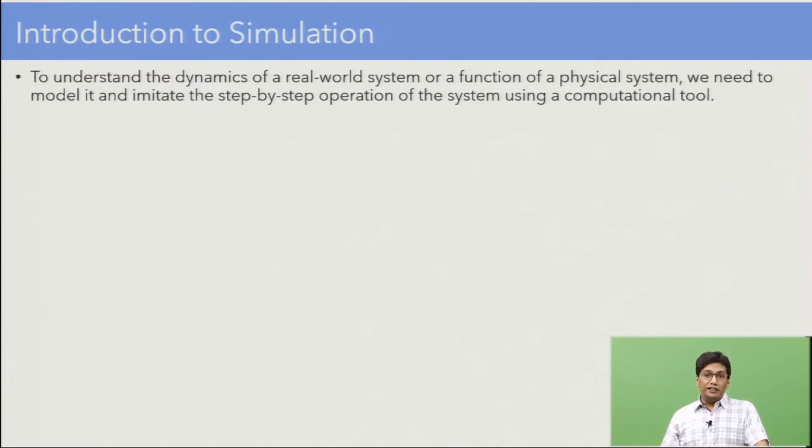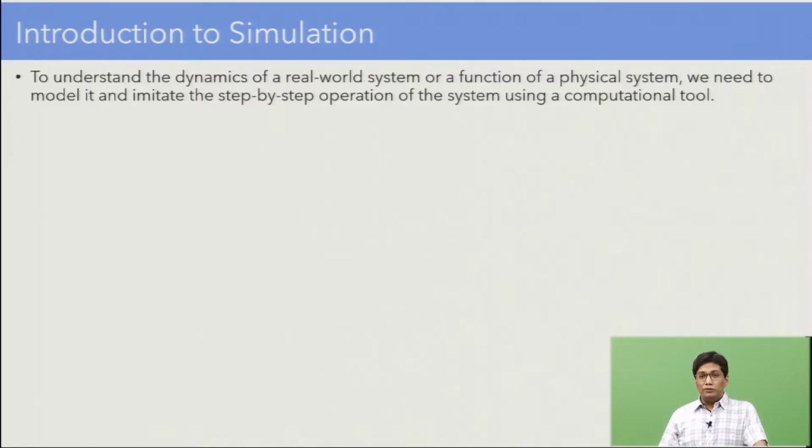The other alternative is to experiment on the real world system, which may sometimes not be feasible or may be expensive. So, to reduce cost and for convenience, we can simulate the system using a computational tool, using computers.